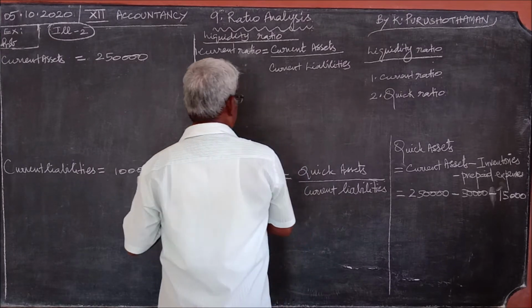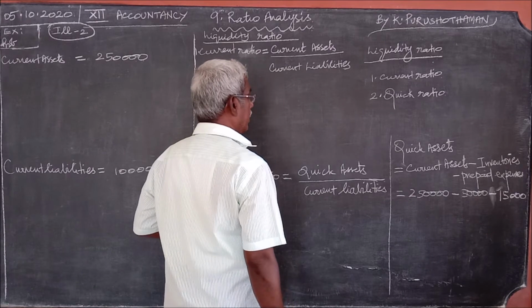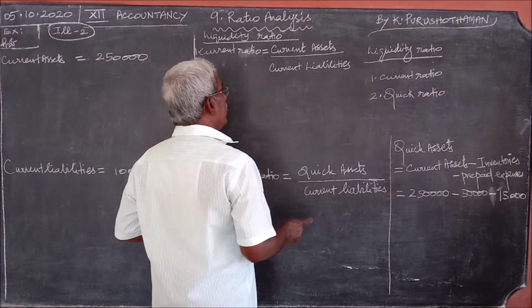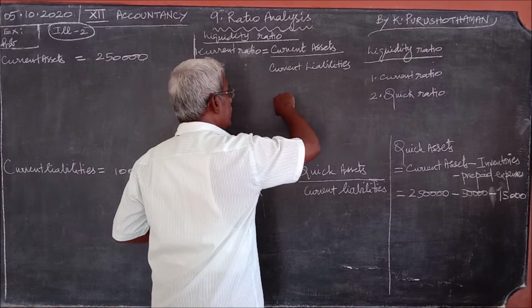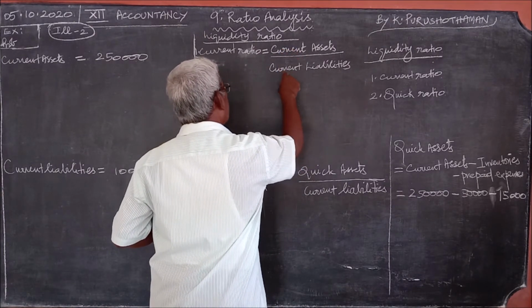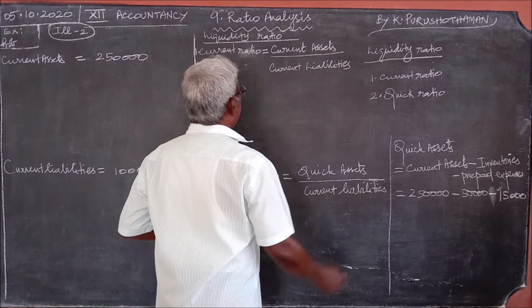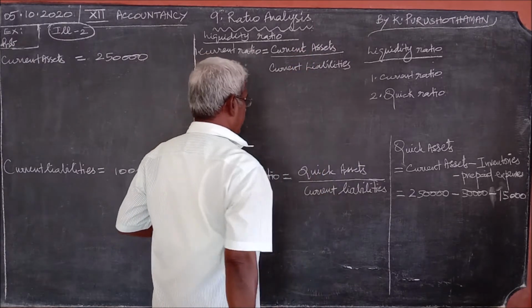See what happened in illustration 1 and exercise problem number 1. The items are given separately. We find the total of current assets, and from the liabilities given we found the current liabilities. Okay. So after finding it, we have substituted numerator and the denominator, found the answer.